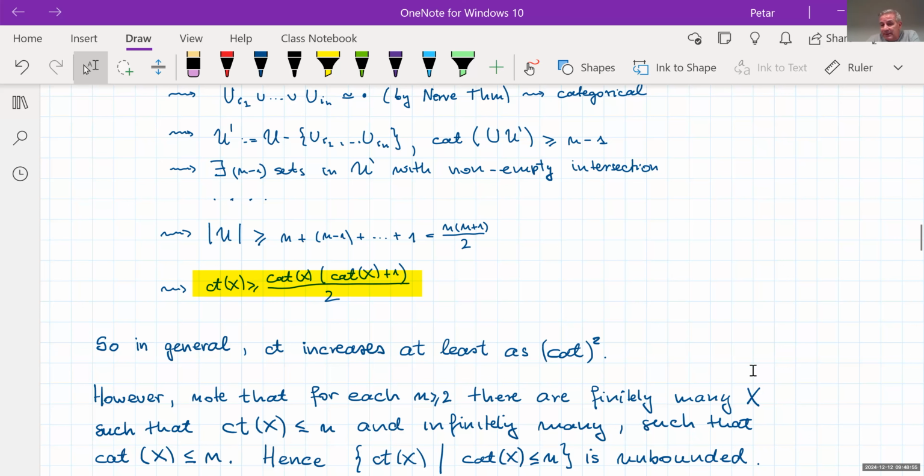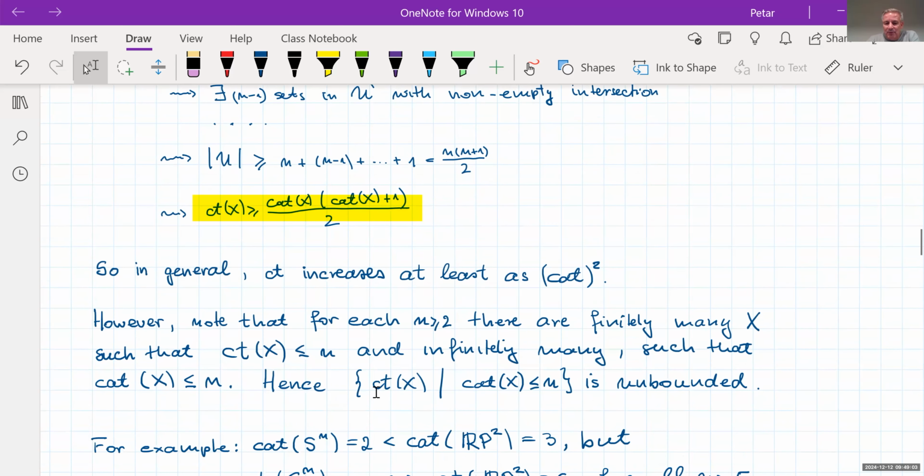But of course, you have infinitely many spaces which have a category smaller than n. So if you look at covering types of all spaces with category up to some n, this is an unbounded set, with arbitrarily big numbers. So it can happen that you have a smaller category but bigger covering type, in spite of the fact that covering type increases at least quadratically.